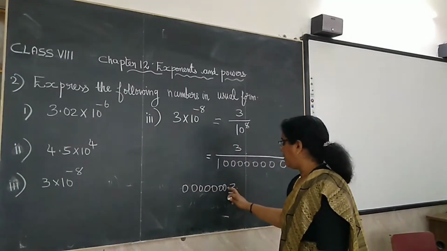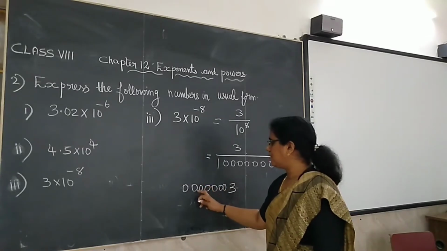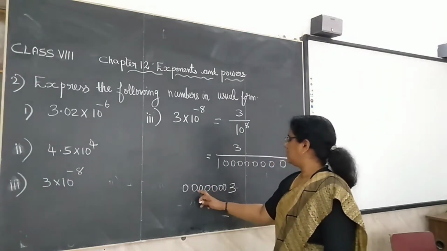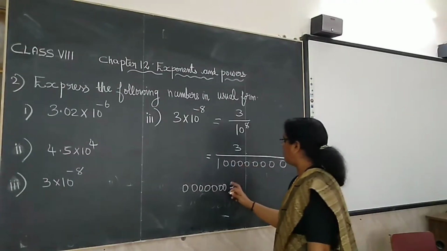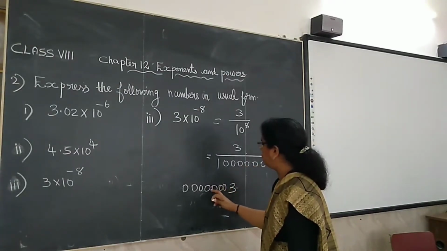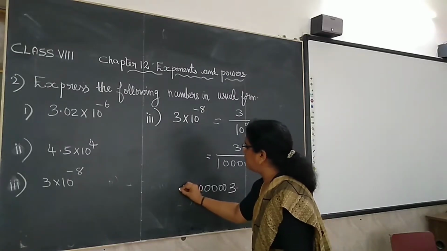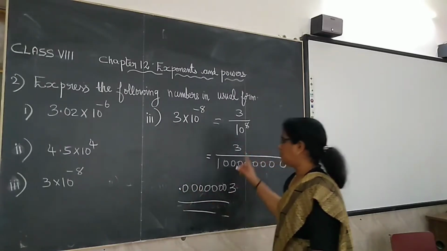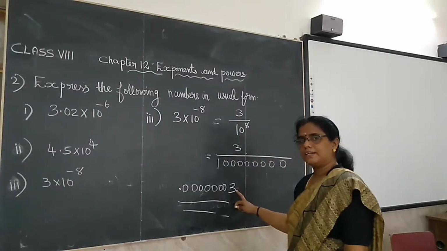Now you see 1, 2, 3, 4, 5, 6, 7, 8. So the decimal will be here. First there was no decimal, so we will consider the decimal at the right end.